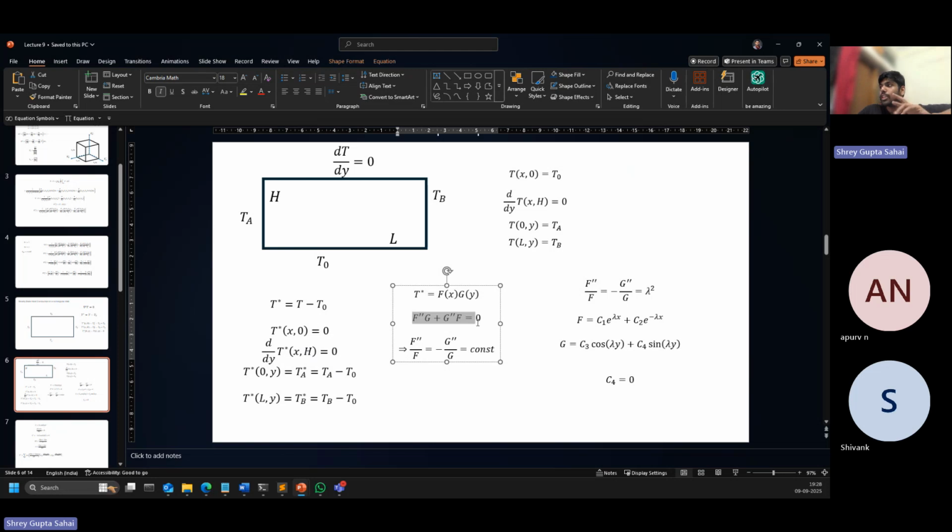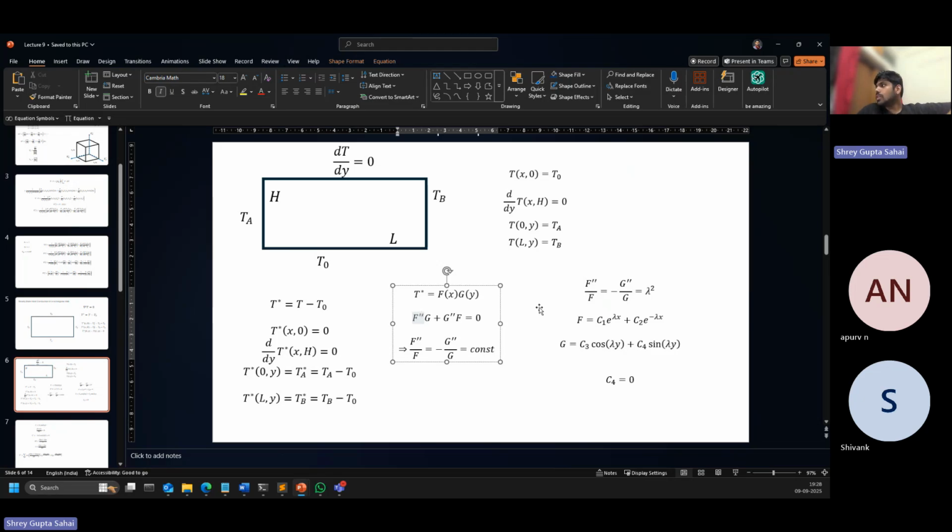Now, when you do that, because of this separation of variables condition, the function is a multiplicative function of f of x and g of y, and when you separate the two, like how we have done in this step, it has to be a constant.